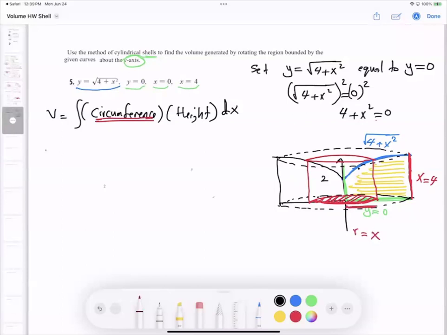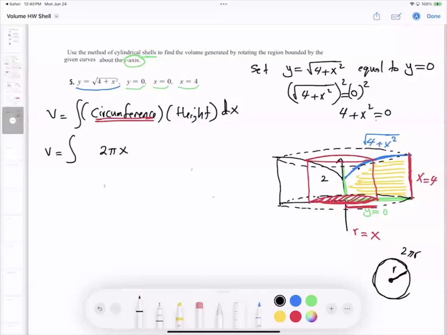This is equal to the definite integral of the circumference, which is 2 pi times x. If you have a circle, the circumference is 2 pi r, but here you have a fixed r value, and this object is moving. x is changing. So instead of r, we use x, times the height.